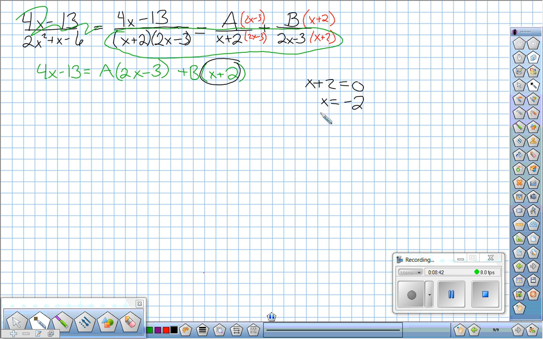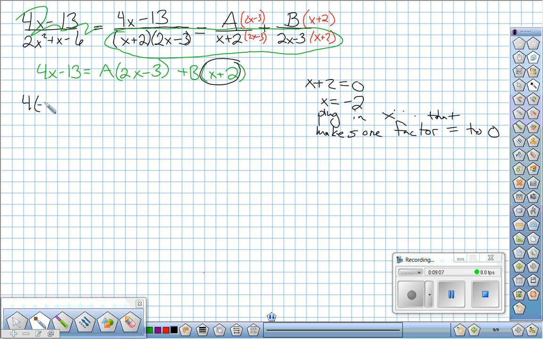Plug in the x that makes one factor equal to 0.